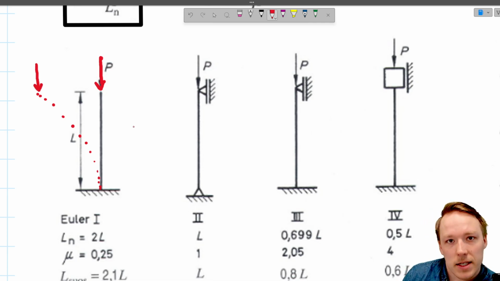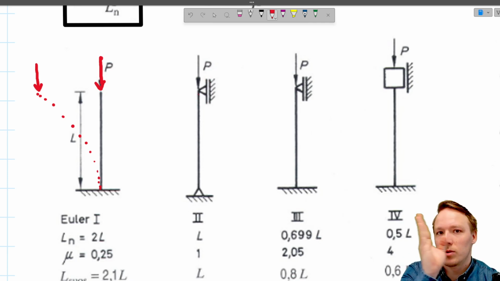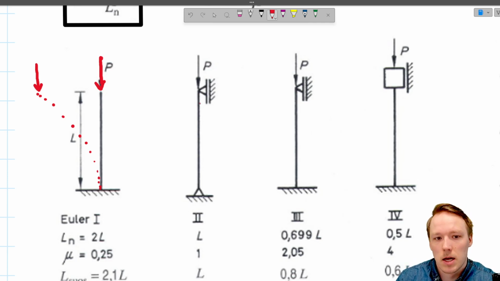So it will bend to the side. Scenario 2 has a sliding support at the top, so it cannot move sideways, but it can go up and down. And at some point when we increase the load, this beam will buckle like this.